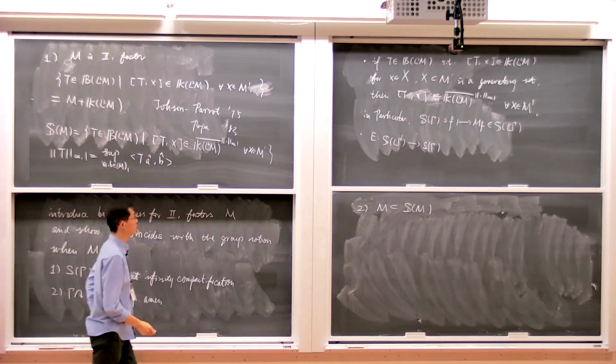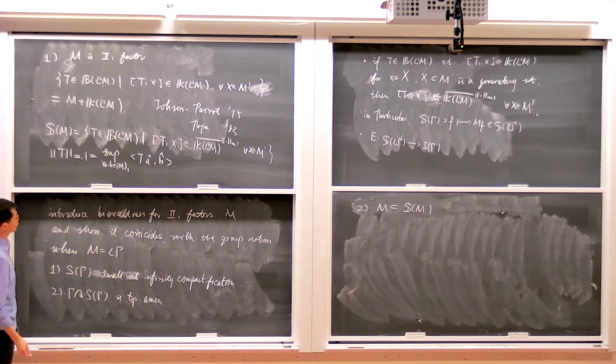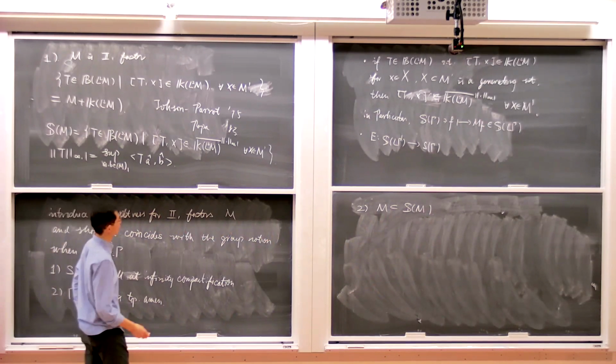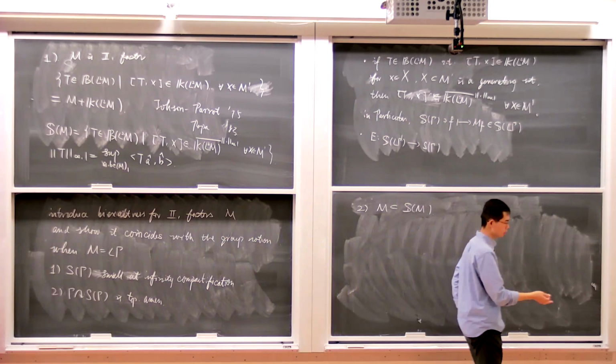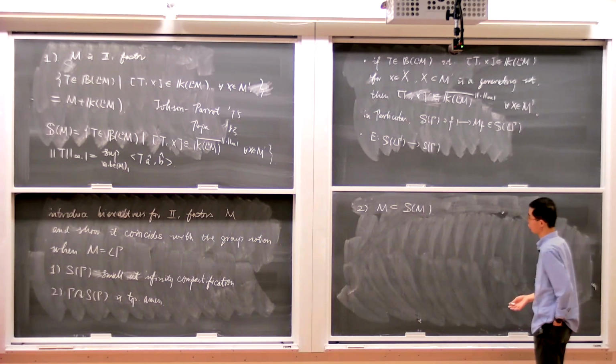I should mention that this S of M is not a C-star algebra, just because we're taking this infinity one closure, and the infinity one closure will not be a C-star algebra.